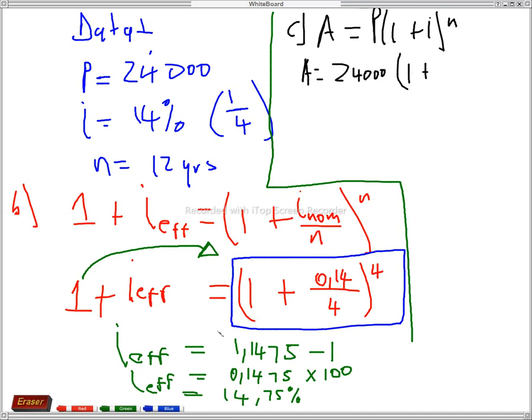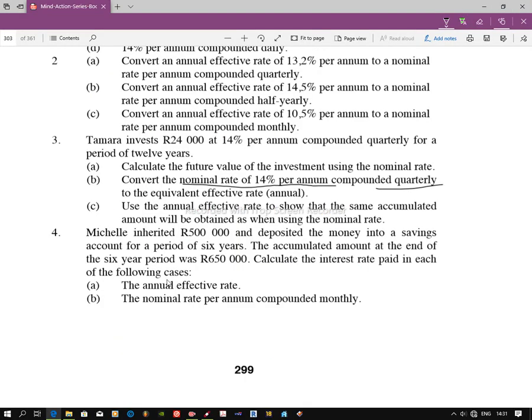Now, let's go back there: we are using the annual effective rate to show that the same accumulated amount will be obtained when using the nominal rate.